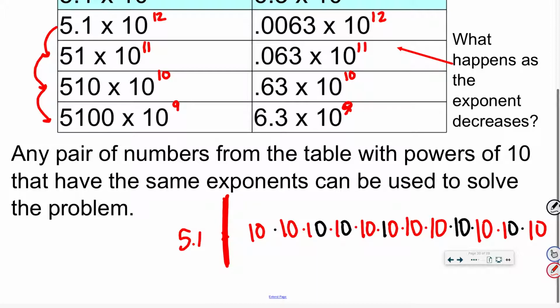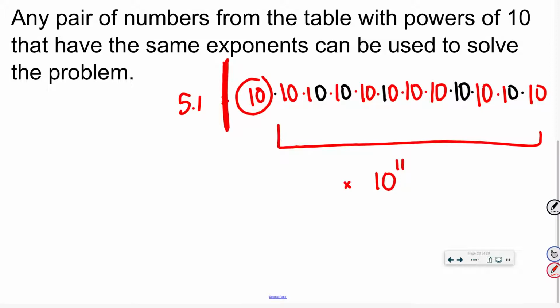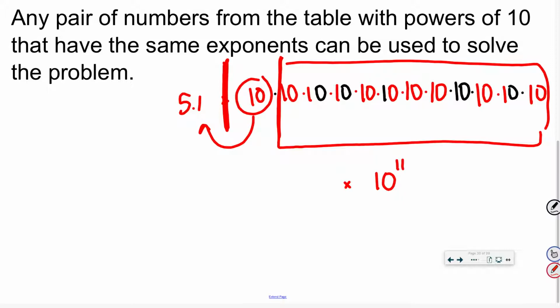But let's just say I wanted to represent that number as 10 to the 11th. What would my first number need to be? If I'm now only representing my power of 10 as 10 to the 11th, what do I have to do with that 10? Yeah, I'm going to multiply it by the 5.1, so that would be 51.